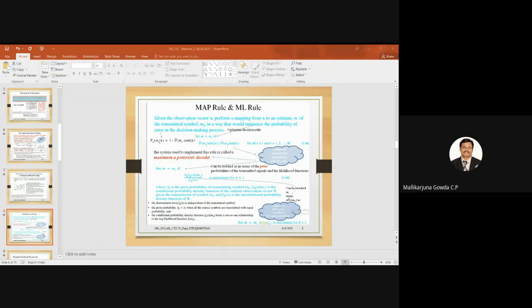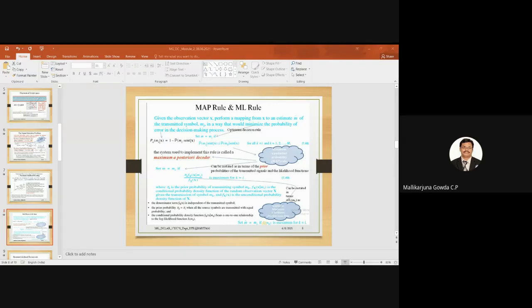This is a conditional. So p suffix e is the average probability of error, which is equal to 1 minus p of mi is sent and x is received.